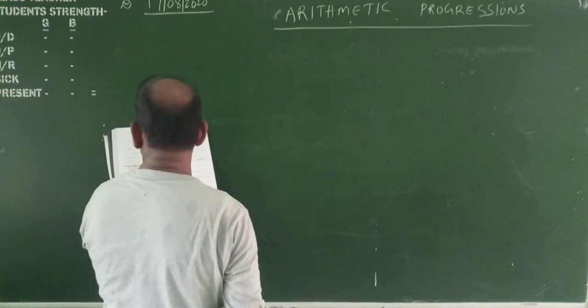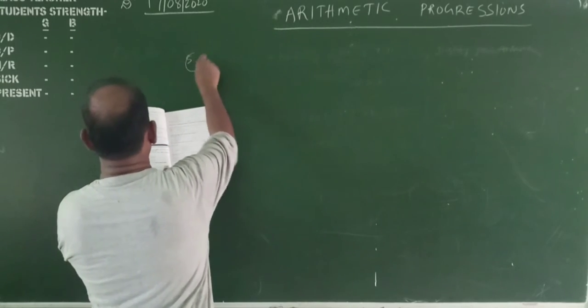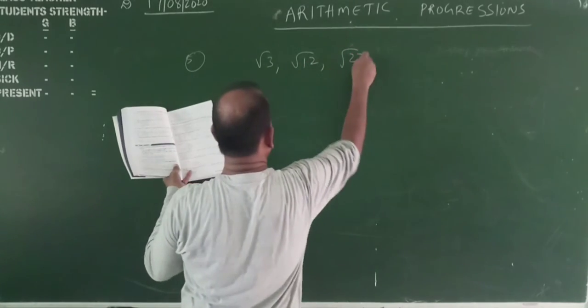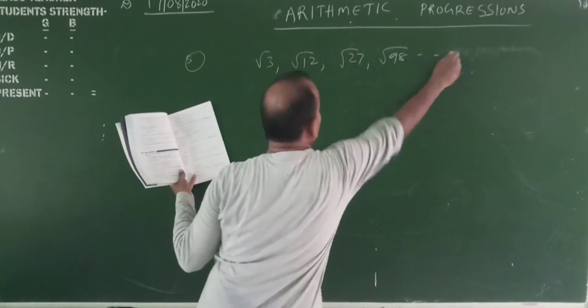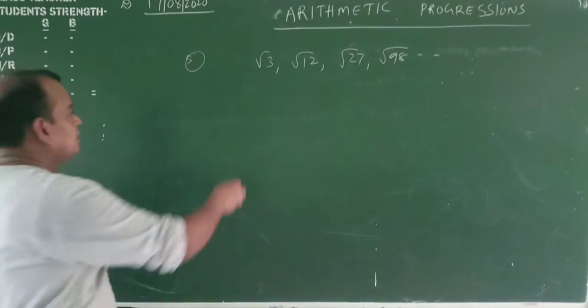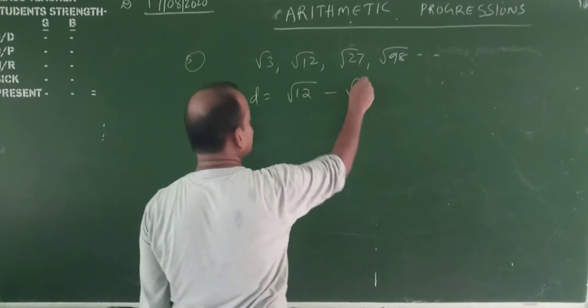Write the common difference of the AP: root 3, root 12, root 27, root 98, and so on. How to find the common difference? You know very well. Common difference D is equal to T2 minus T1, root 12 minus root 3.